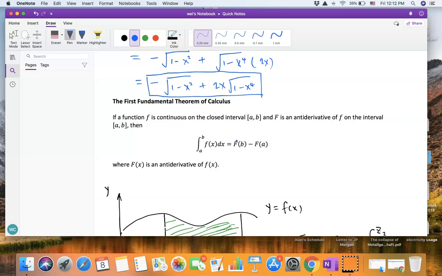Because if you recall the methods we used in the previous lectures, when we evaluate a definite integral, we use the limit of Riemann sums, right? And using that method, you have to do a lot of work.